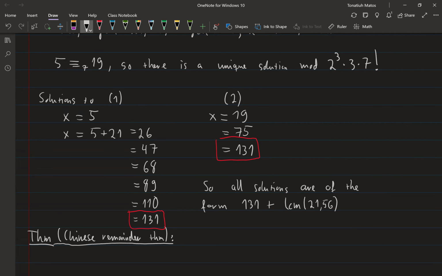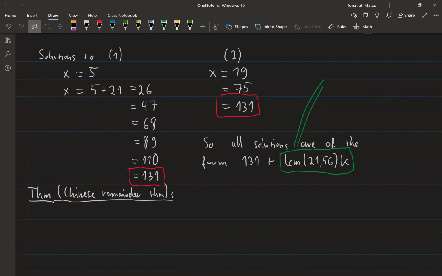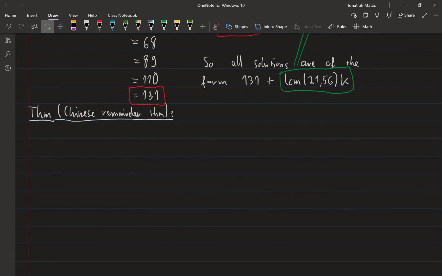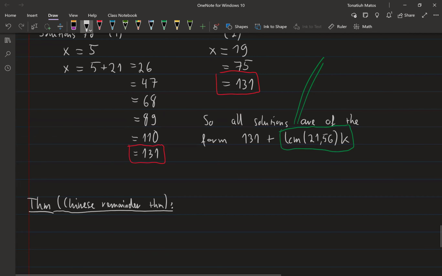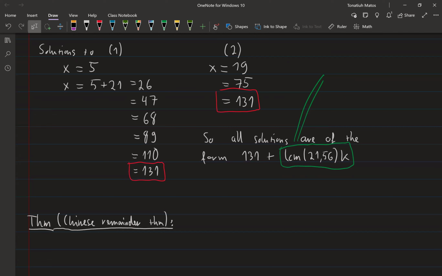I don't really want to compute it right now in its expanded form, but this number is equal to this number. It's the same thing. So that's how all solutions look, and I have just solved the system of congruences and found all solutions to it. Notice I have no additional restrictions on n and m. The Chinese remainder theorem does have additional restrictions because it gets more complicated if I add more congruences, but I don't really need those in this case.